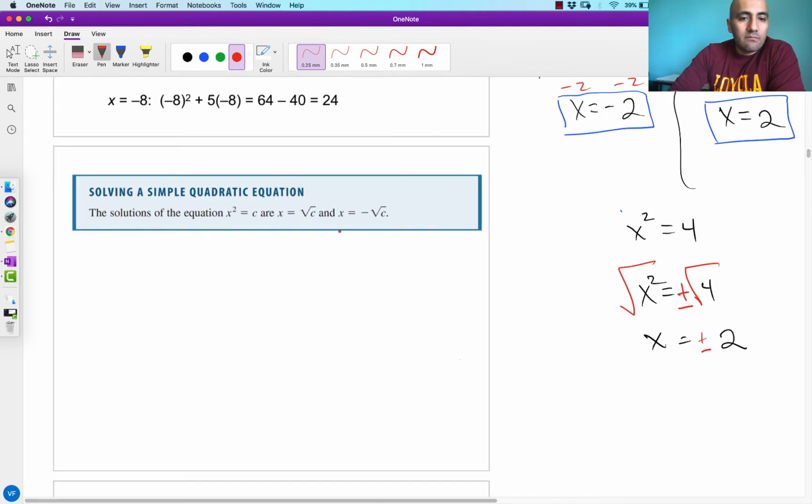If we have something simple like this, the solutions of this equation are x equals root c and x equals negative root c. Okay, so if we want to stay within the real numbers, of course, c is going to have to be 0 or greater, because if it's a negative number, then when we take the square root of both sides, we're going to end up with an imaginary number, and for the moment, we're still ignoring it.